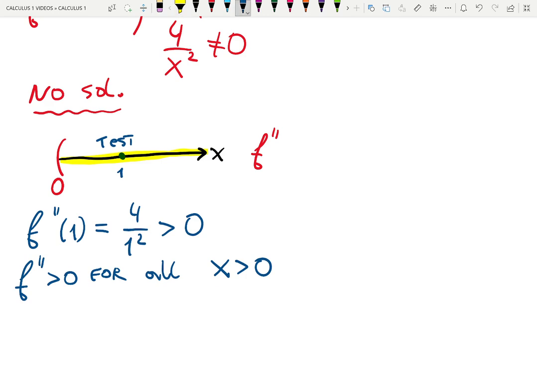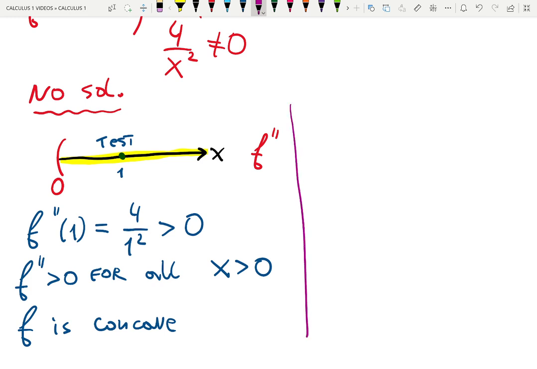The original function, f of x, is concave. Do you remember, up or down? Did you memorize? I like to teach it with funny emojis. So if the second derivative is positive, the original function is smiling, and the tongue is the local minimum.